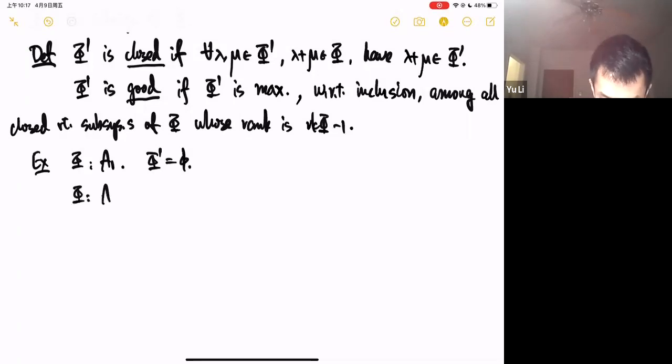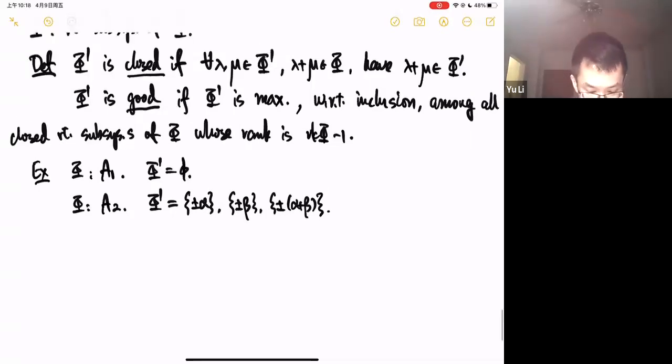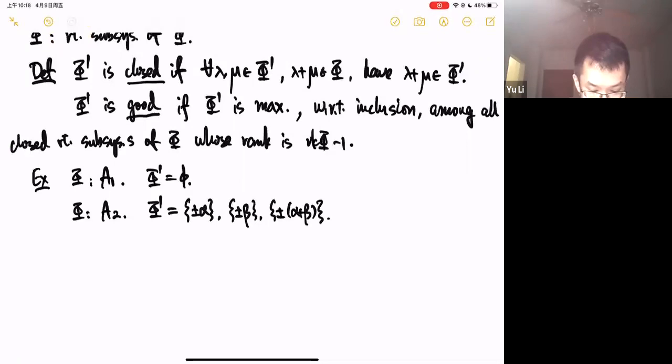Okay, now if phi is of type A2, it's easy to verify for yourself that there are the following 3 possibilities for a good root subsystem, namely plus or minus alpha, plus or minus beta, and then plus or minus alpha plus beta. Now you might have noticed in type A1, I have only 1 good root subsystem. In type A2, I have 3 of them.